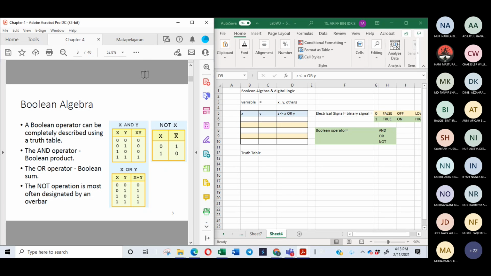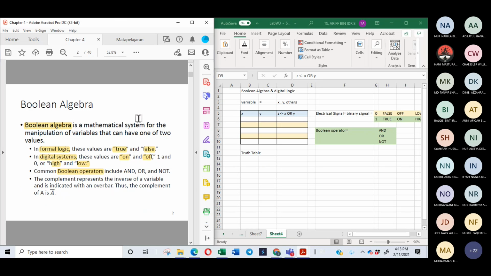So let's try our first example. In order for us to get the output, we need to have the input. The input that we insert within the truth table depends on the variables.